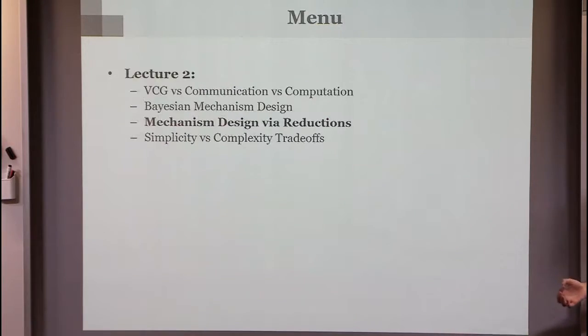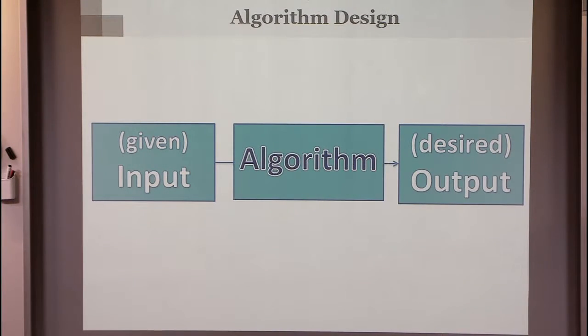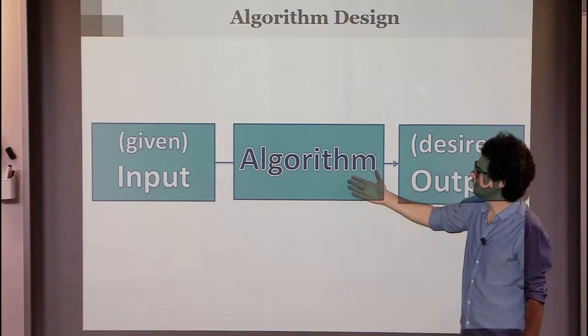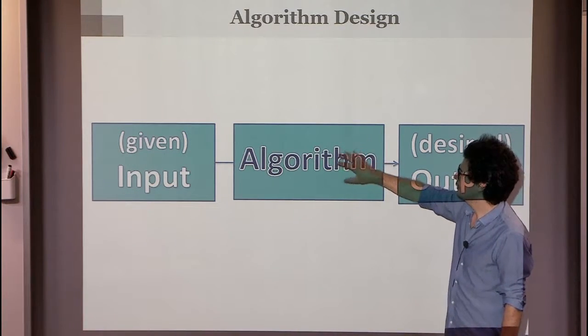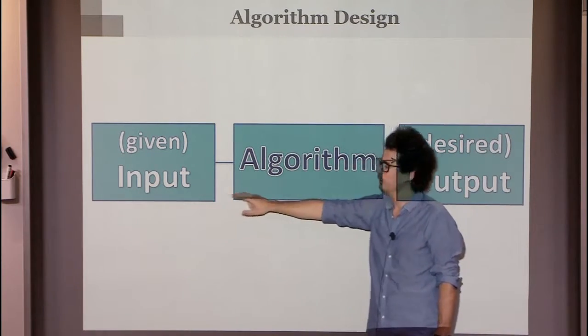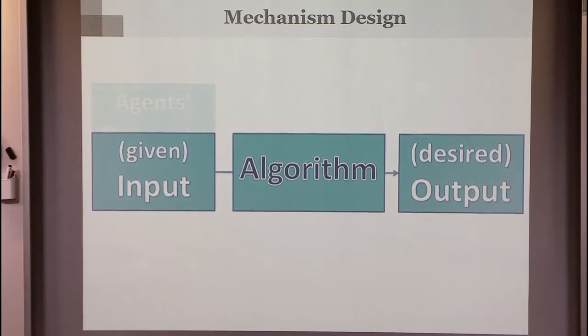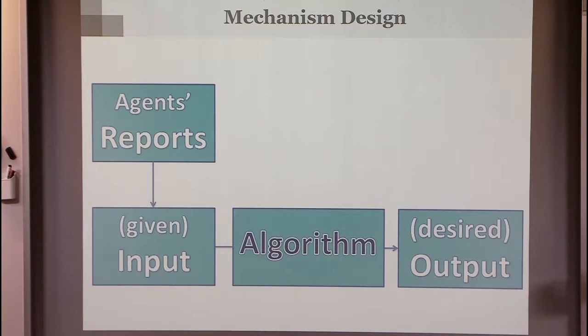And that aesthetic is inspired by reductions in complexity theory. Let me explain what I mean by that. First of all, typically when we think of an algorithm, we think of an object that takes as input something, does some computation, and produces the desired output of the computation. In a mechanism design world, the setting is the same, except some agents provide inputs to the algorithm.